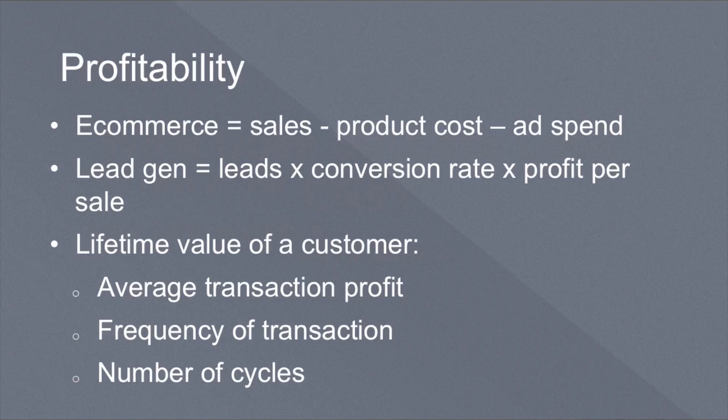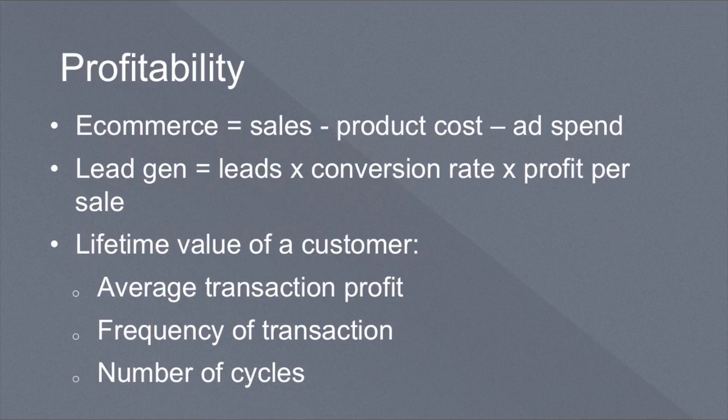We may sell 5 in every 10. Whatever that number is, that's our conversion rate. And then again, our profit per sale. And our profit per sale looks like it did before in terms of e-commerce, which is the revenue less the cost, less the ad spend. So those two numbers represent the value of a single transaction to us.